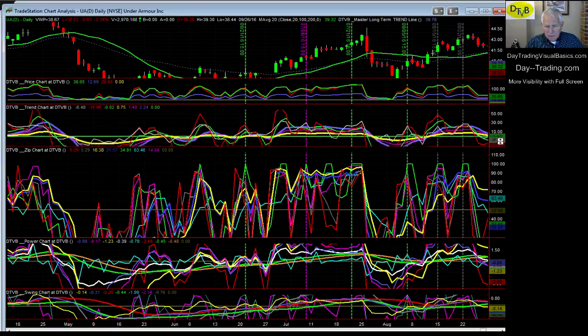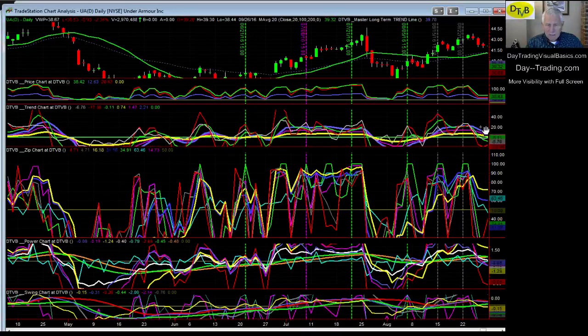On the first gray line on the zip chart, we have zip red at 84, and 2 days later we have zip green at 100, and that's basically the qualifications for a zip green twin peak.